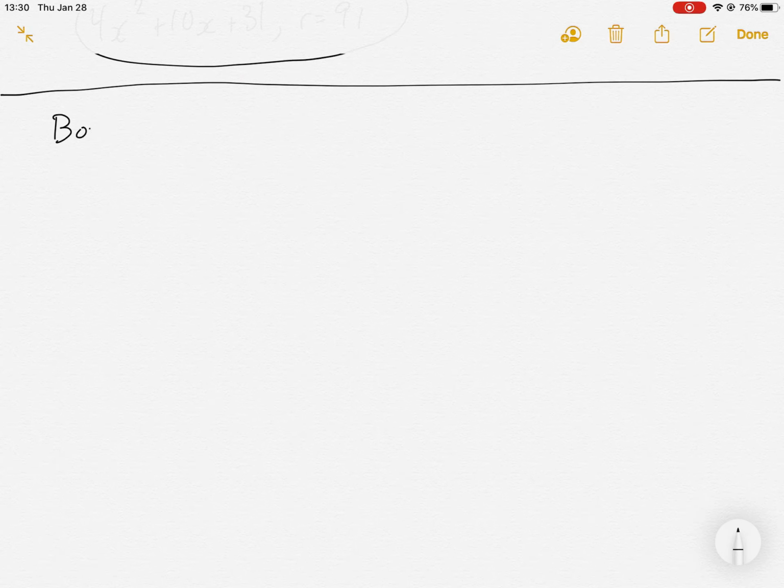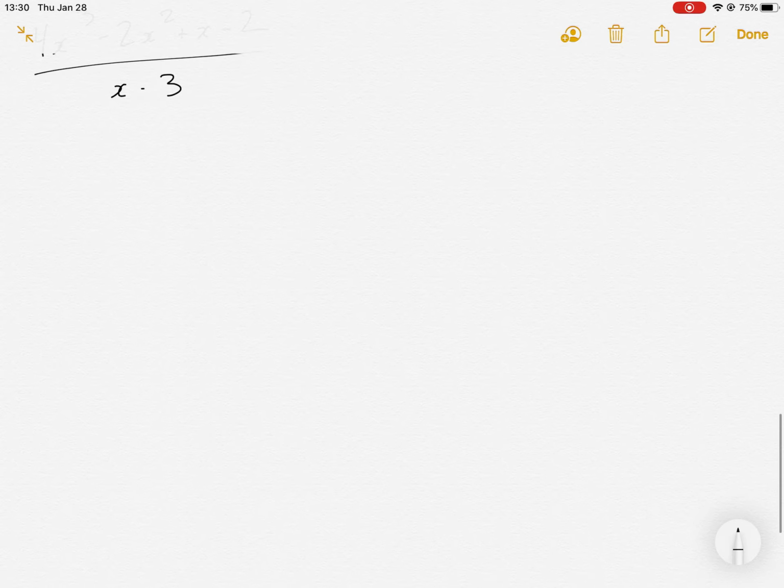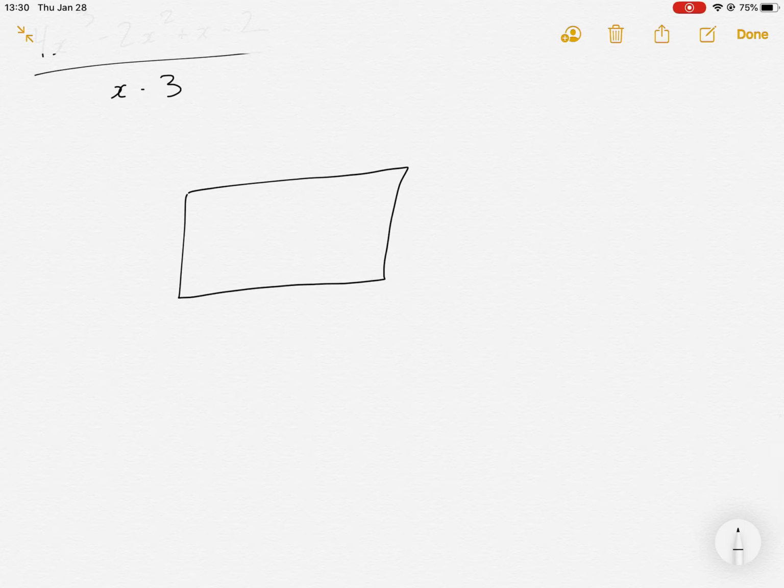Okay, so here is the box method, or sometimes it's called reverse tabular method. And what this says is if I take that last problem, which was 4x cubed minus 2x squared plus x minus 2, and if I'm dividing that by x minus 3, what we're going to do is set up a box like this.